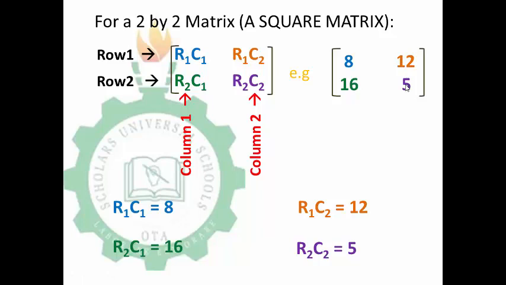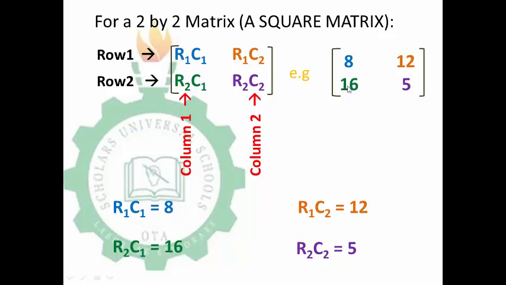But if we now talk of columns, a column is the vertical. You view the numbers vertically. 8 and 16 belong to column 1. 12 and 5 belong to column 2. I've told you earlier that every number has its own row and its own column. So 8 belongs to row 1 in column 1. 12 belongs to row 1 but in column 2, because this is the second column as indicated here.